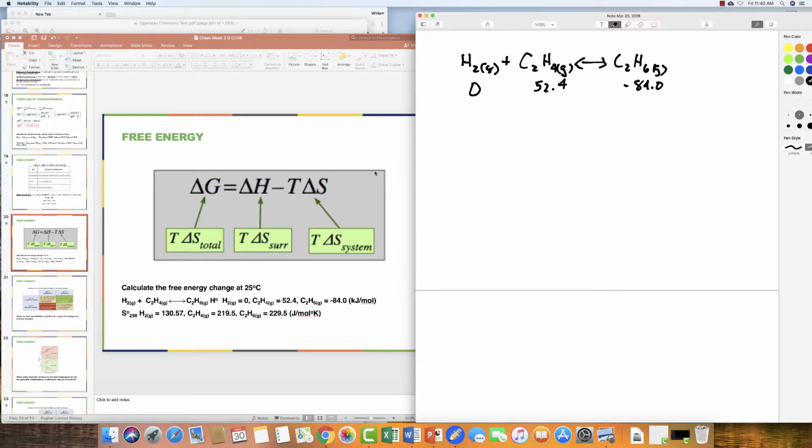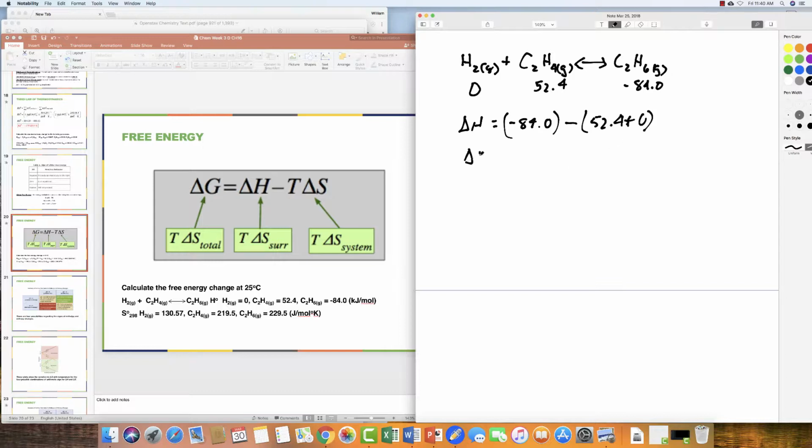And so the calculation of delta H here is exactly the same as what we just did with delta S. So delta H is going to equal the sum of the products, which in this case is minus 84.0, minus the sum of the reactants, which is 52.4 plus 0.